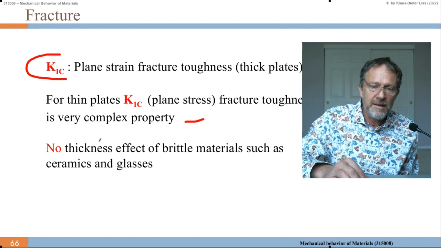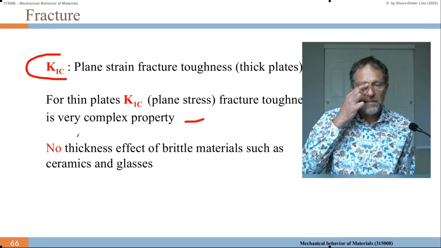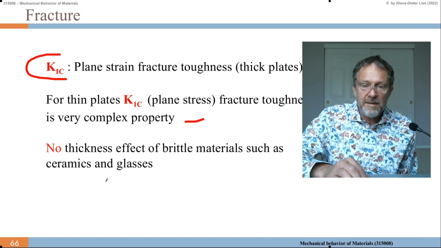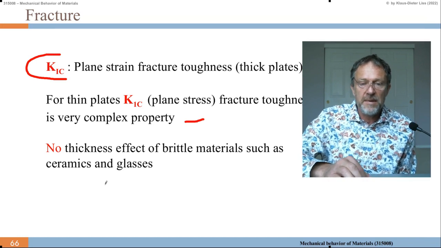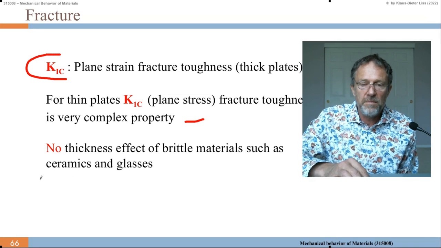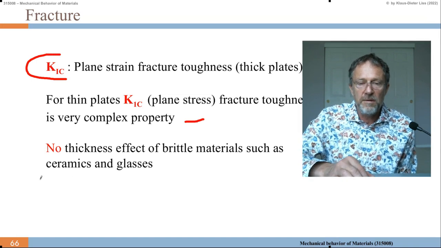And now the thickness effect is seen for brittle materials such as ceramics and glasses, because then there's no plastic zone, as we know, and the fracture occurs immediately.